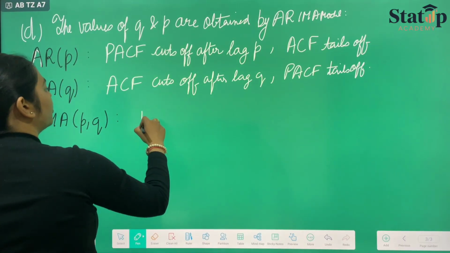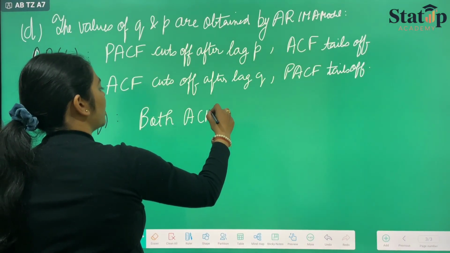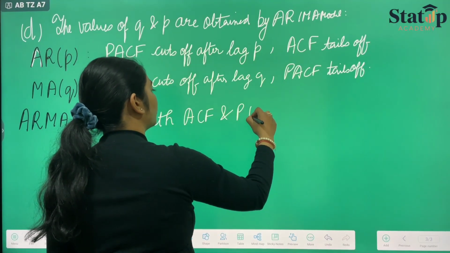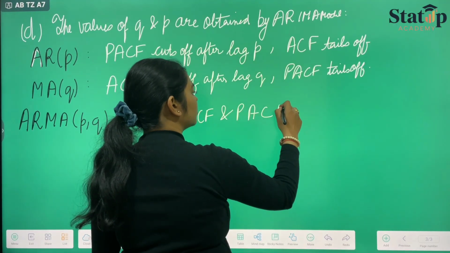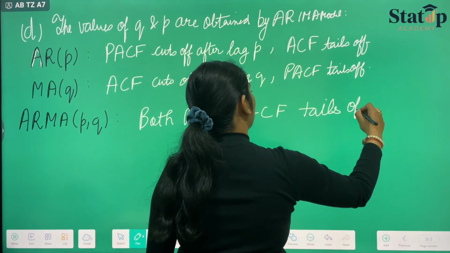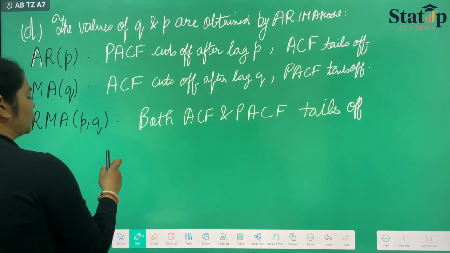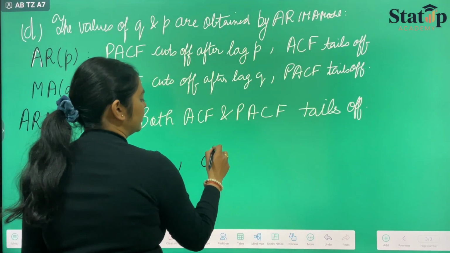And here both autocorrelation function and partial autocorrelation function tail off. And hence we find out three values, which are p, q, and d.